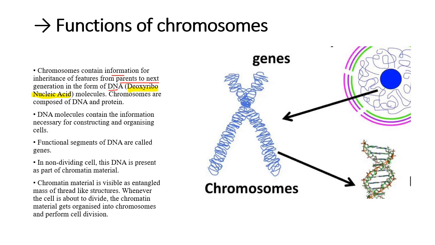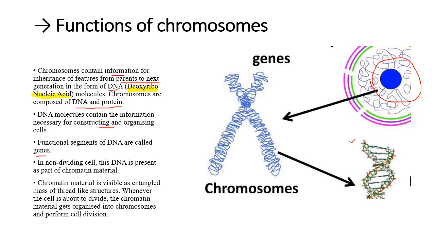Chromosomes are composed of DNA and protein. Where is it? It is inside the nucleus. So this is called a chromosome and this is the DNA structure. DNA molecules contain the information necessary for constructing and organizing the cell. Functional segments of DNA are called genes.